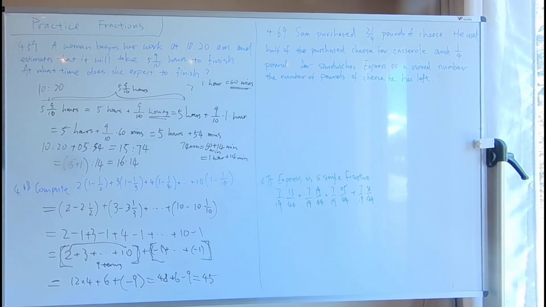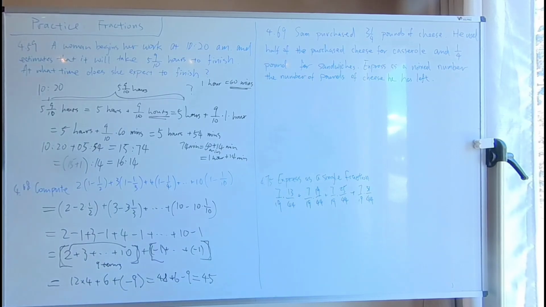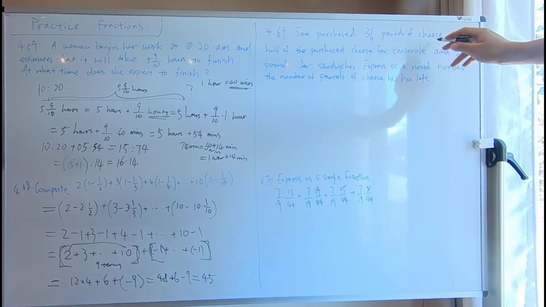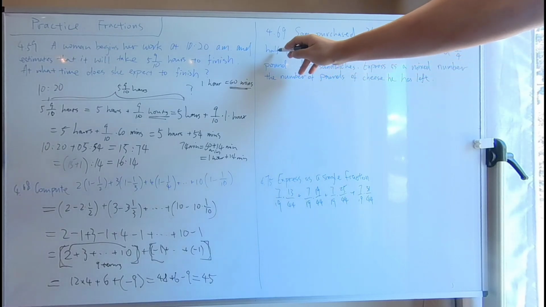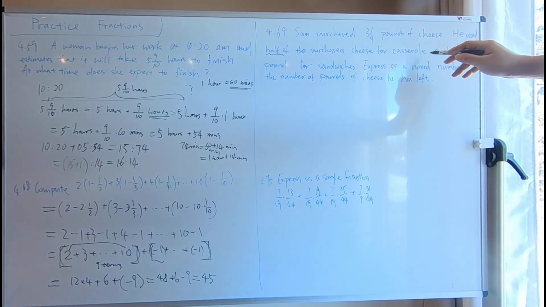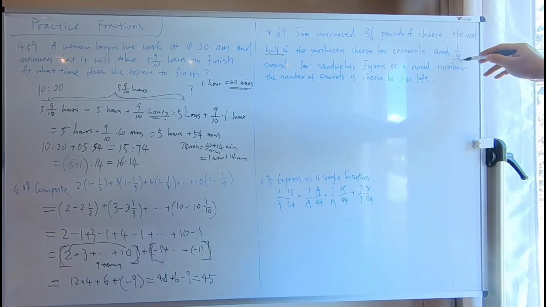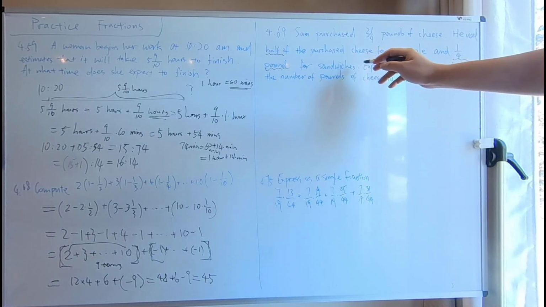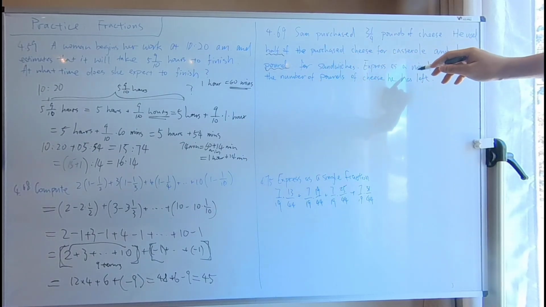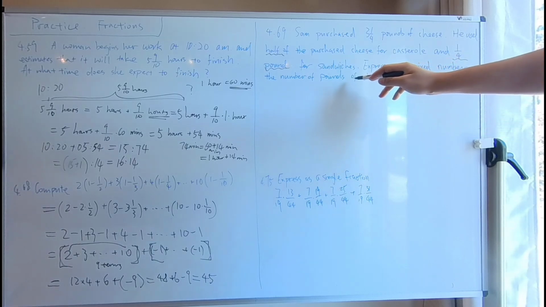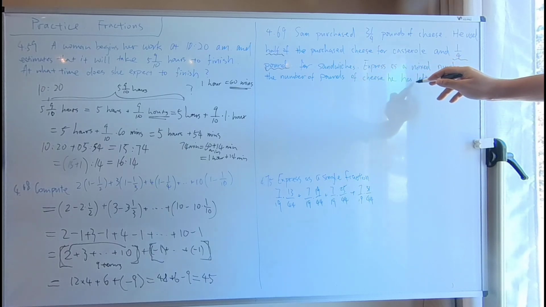All right, so next is also a word problem. Sam purchased 3¼ pounds of cheese. He used half of the purchase made for a casserole, and then ¼ pound of the cheese for sandwich. Now use a mixed number to demonstrate how much cheese he has left.